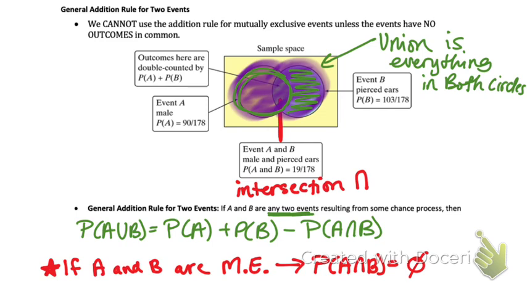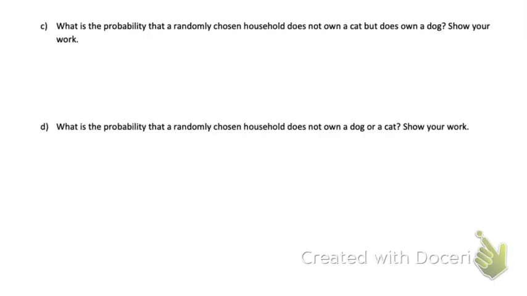All right, you guys, are you ready to do a couple of examples? Oh, yeah, you are. You're so excited. How many of you people have a dog? How many of you have a cat? How many of you have both, a dog and a cat? Wow, that's crazy. Here's what I want you guys to notice.